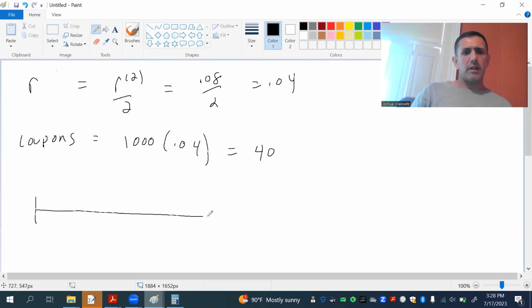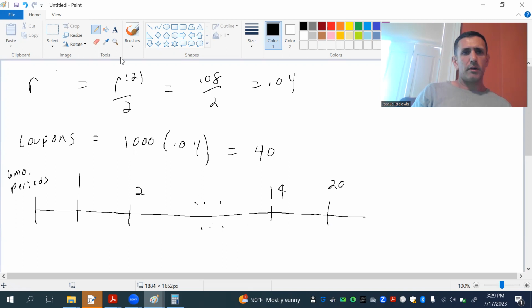Okay, so you don't really need a time diagram, but no harm in writing it. So this is 6-month periods. It's 10 years, so 19, 20. But it might conceptually help. So 40, 40.